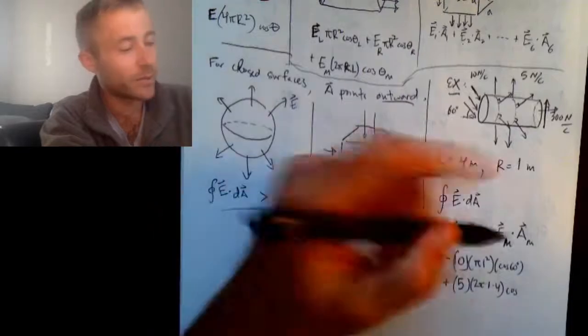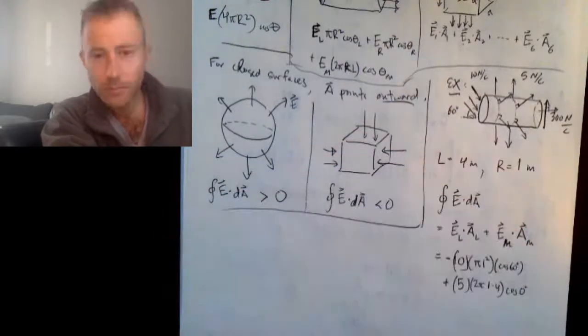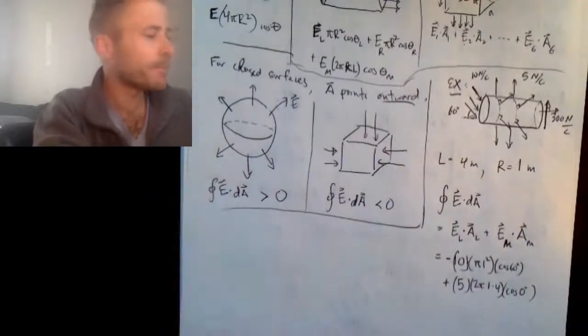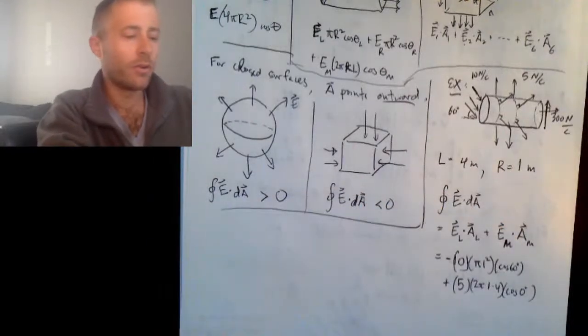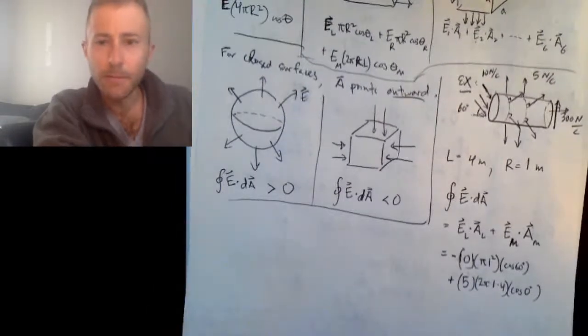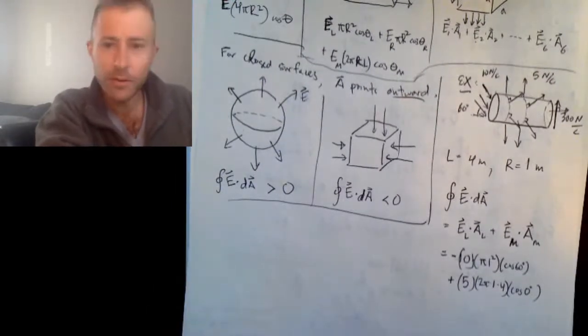So that means the angle is 0 degrees. And so the cosine of 0 is just 1. So let me work that out.